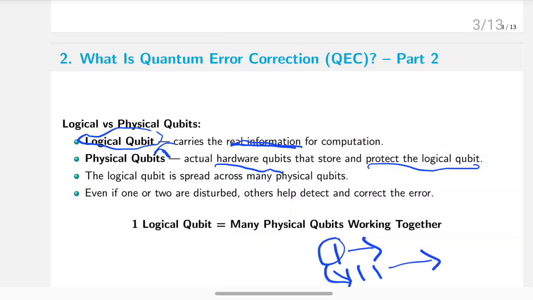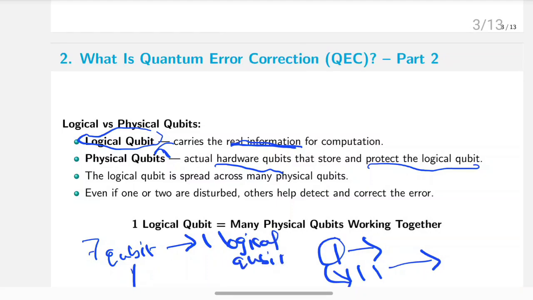If one error occurs, I can identify it easily. That is the main reason we use physical qubits. For example, I have a 7 qubit system to represent only one logical qubit.